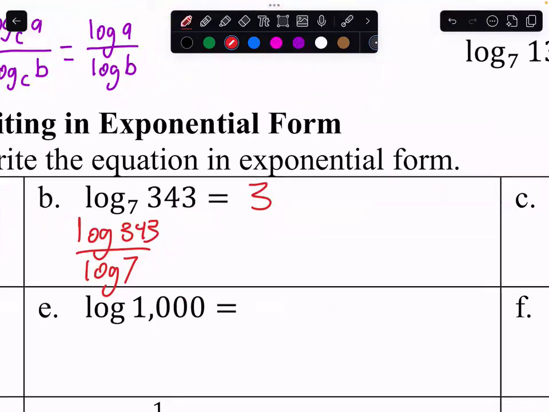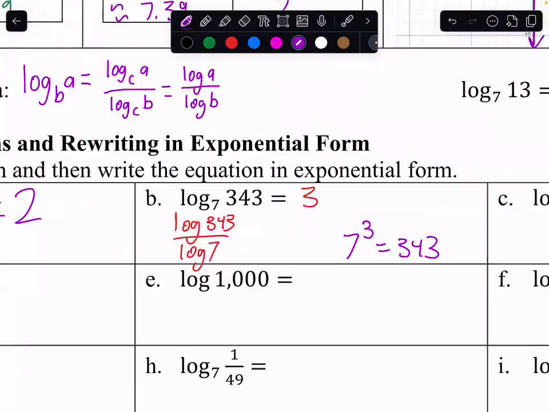Okay, so now I would like us to rewrite this logarithmic equation as an exponential equation instead. So the base of the logarithm becomes the base of the exponential equation. It's trying to turn into the argument, which is 343. And the exponent, which allows it to do that, is 3.